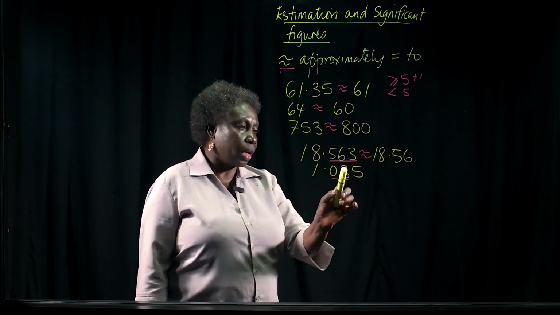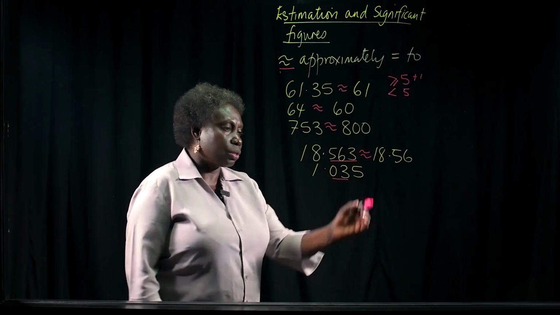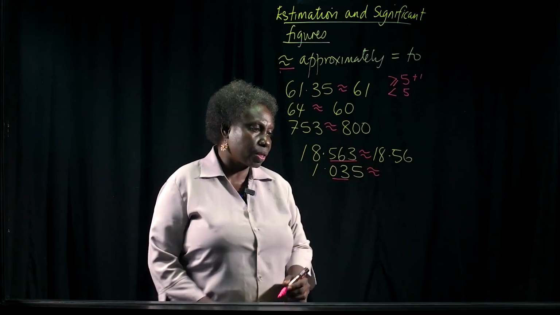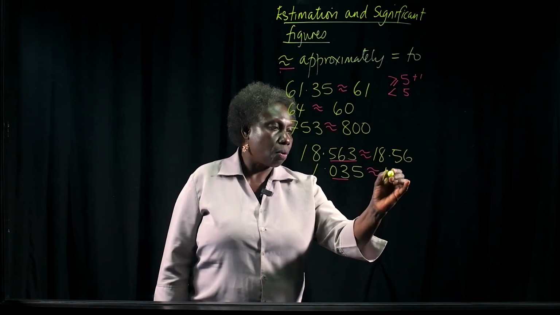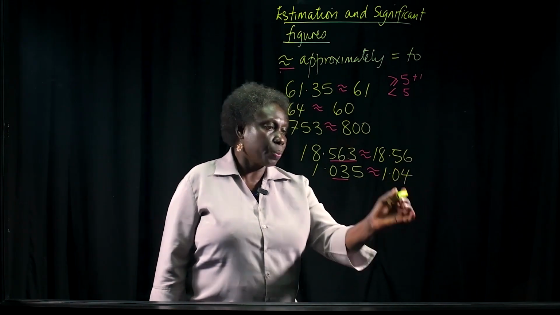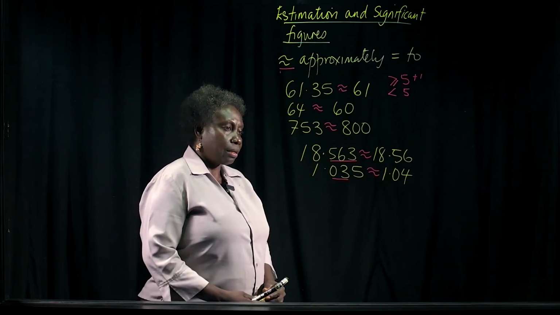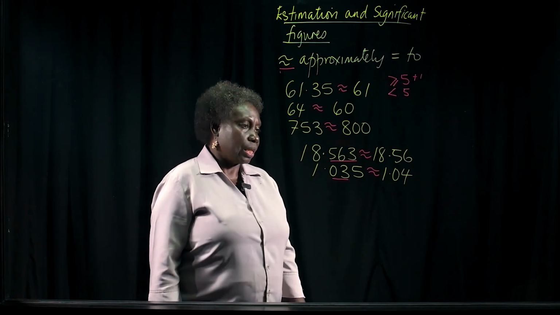So we are going to add 1 to 3. So 1.035 to 2 decimal places will be approximately 1.04. We add 1 to 3 because 5 is the one that is after the 3.